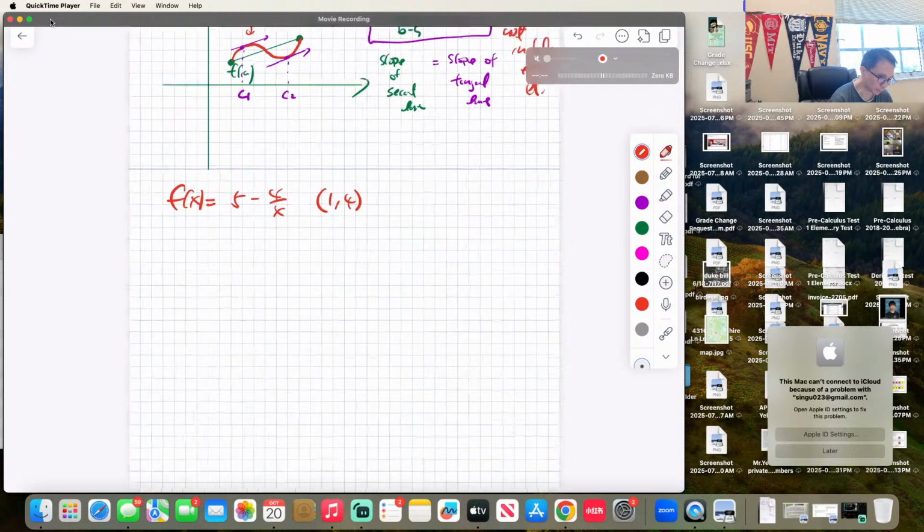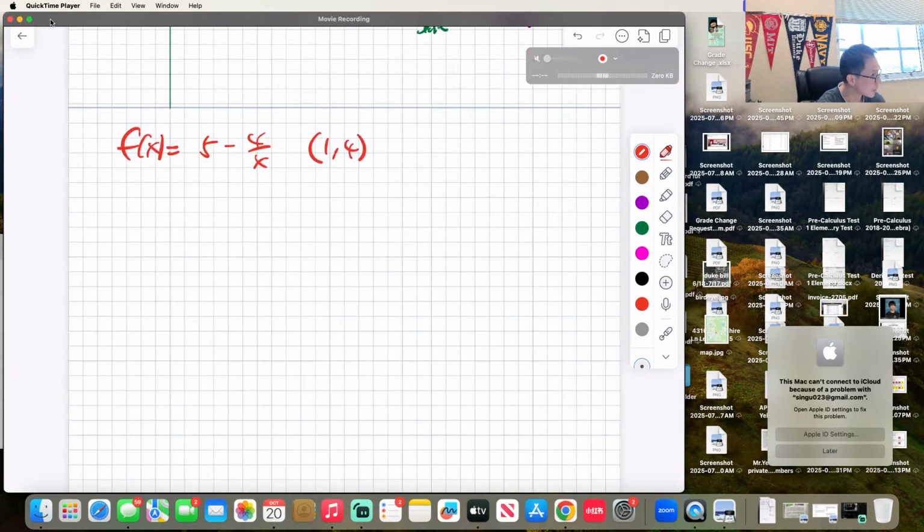Okay, so let me ask you a question. Is this function continuous? Be careful how you answer this question. Is the function continuous? No. Where is it not continuous? 0. But is 0 part of 1 and 4? No. So it is not a continuous function.